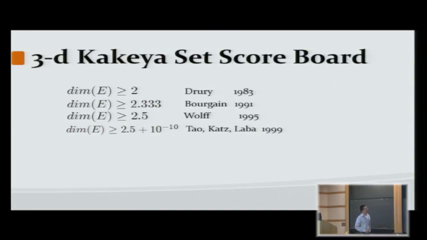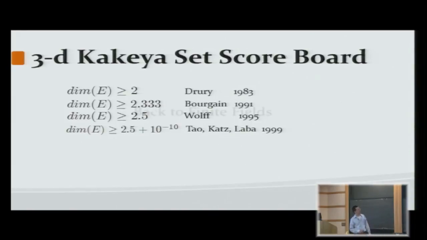The problem has been stuck for a while, and you need to resolve this before you can actually resolve restriction, and it seems to be stuck. So this is what's going on in Euclidean Kakeya.